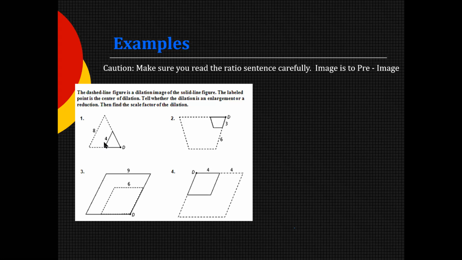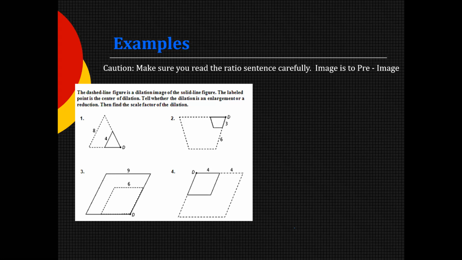So what will be the scale factor of this example? What did they do to 4 to get 8? Multiply by 2, meaning your scale factor is 2. How would you calculate that when showing your working? You are supposed to divide.